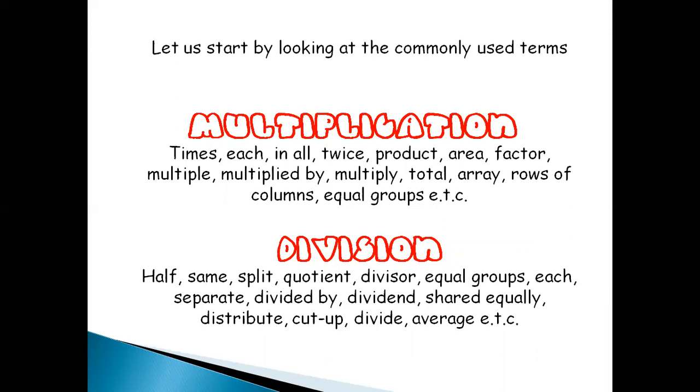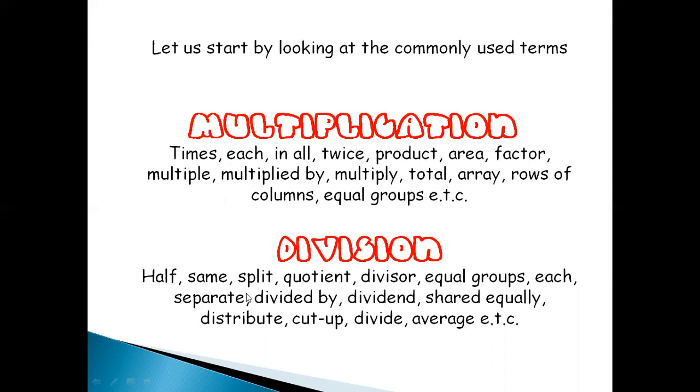When you're dealing with multiplication, what are the terms that you would come across? You see words like times, each, in whole, twice, product, area, factor, multiple, multiplied by, multiply, total, array, rows of columns, equal groups, and so on and so forth.